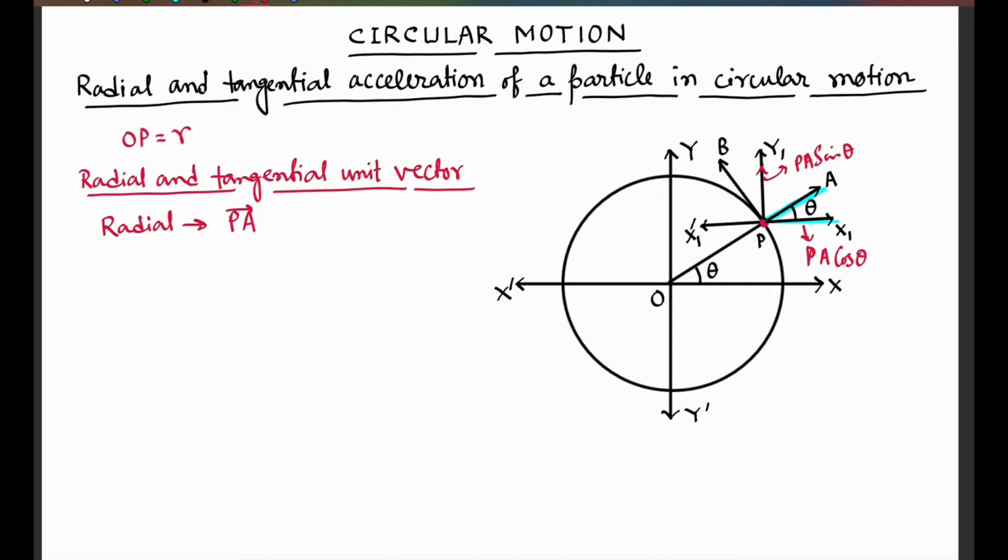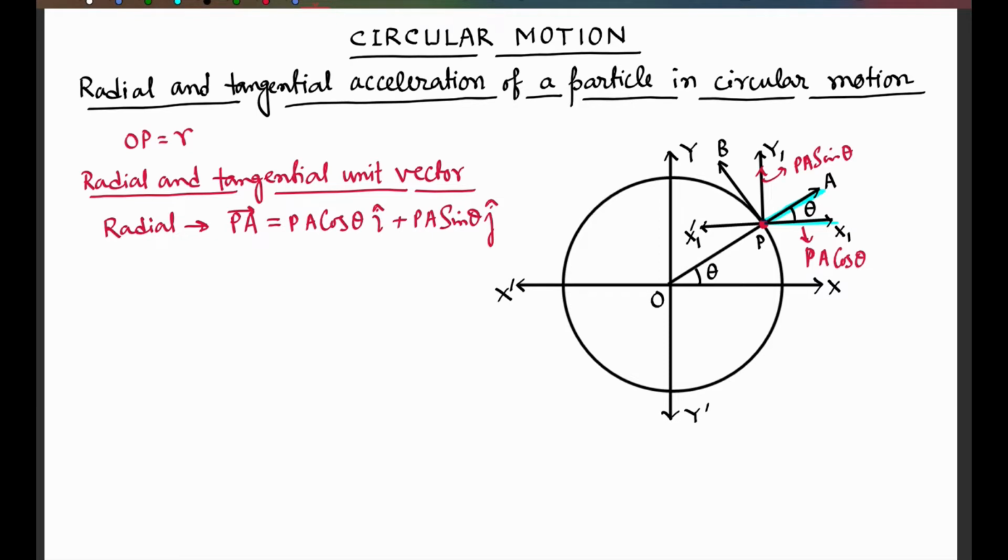Here i cap and j cap are the unit vectors along x-axis and y-axis respectively. Therefore, we can write that PA vector is PA cos theta i cap plus PA sin theta j cap.